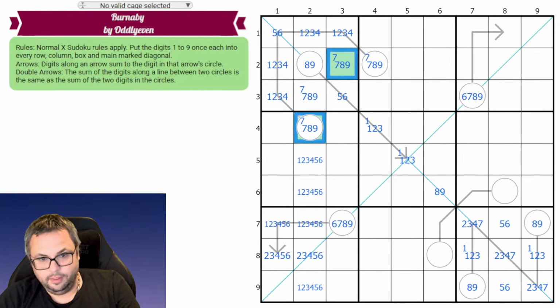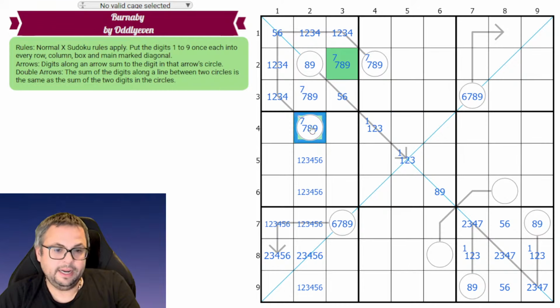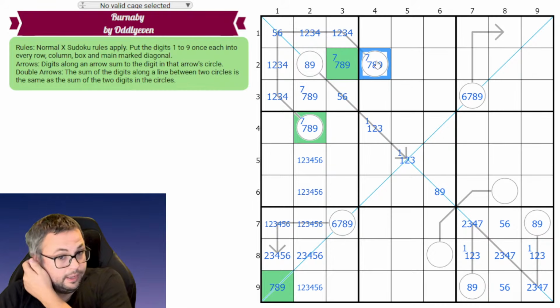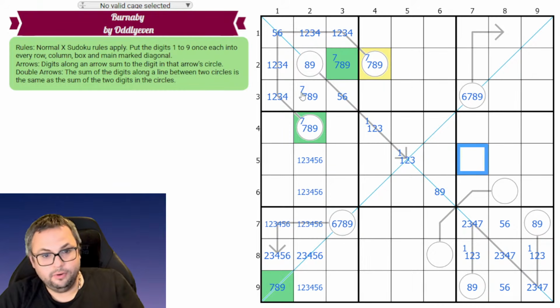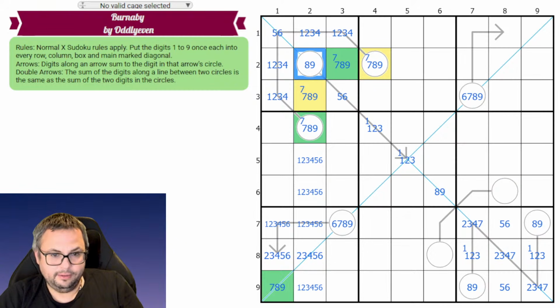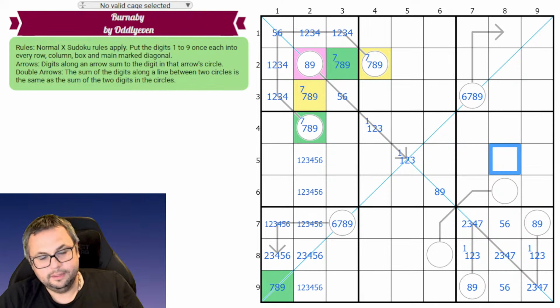So let's just make those two digits green. So then this digit's definitely green. And now I'll make this digit yellow so that that digit's definitely yellow. And now let's make this digit pink for whatever it's worth.